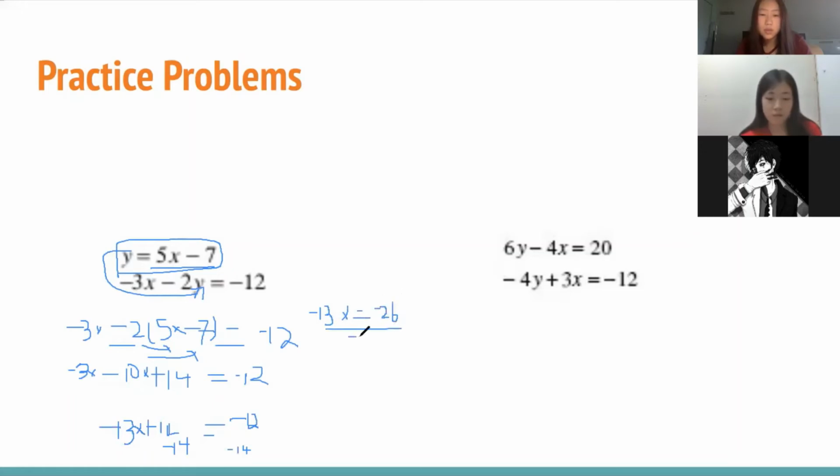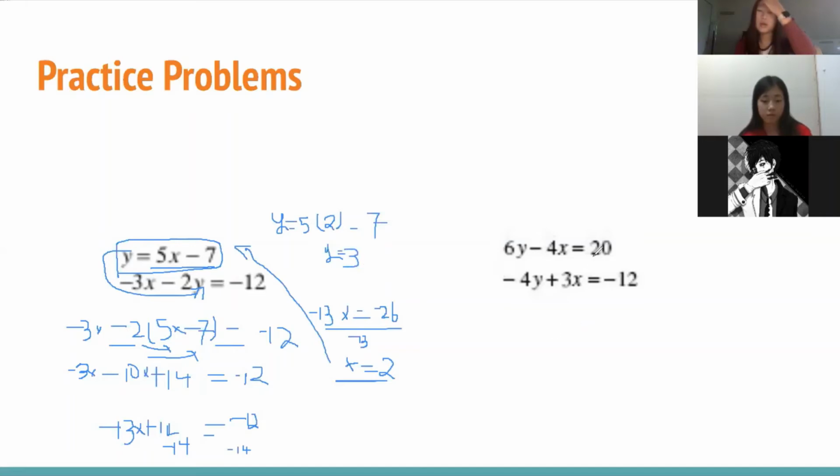You would divide both sides by negative 13, and x equals 2. And now that you know x equals 2, you would plug it back into this equation, or either one, but in this case, y equals 5x minus 7 would be easier. So it would be 5 times 2, which is x, minus 7.